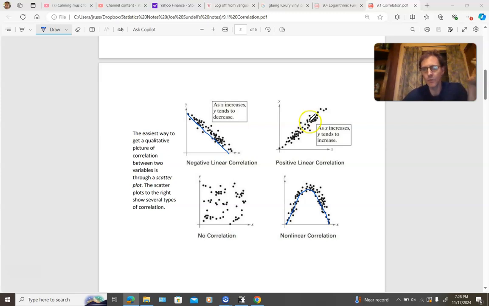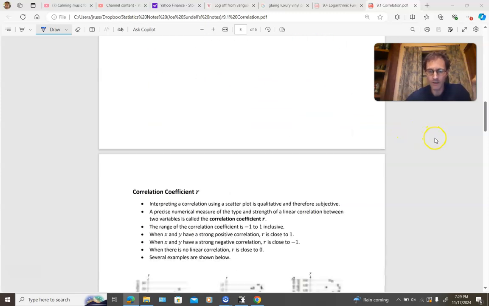Well, we call it goodness of fit, essentially. In other words, how tight or how closely do these points cluster around some imaginary line, okay? And the tighter that fit is, then the stronger the correlation.